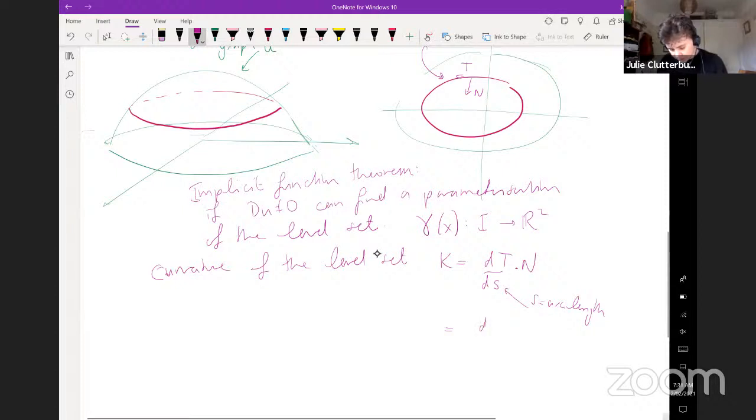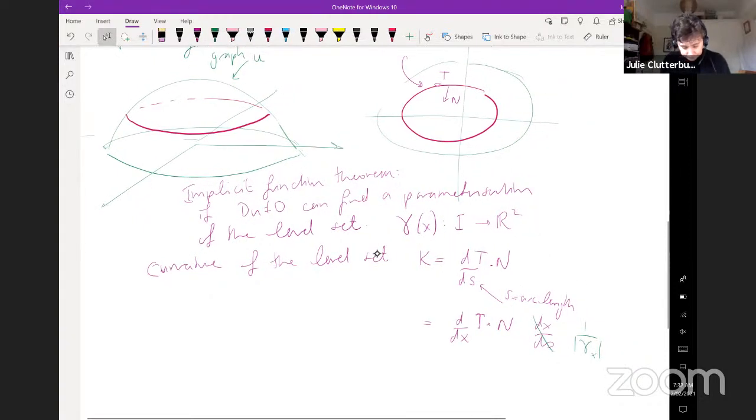And so this would be d/dx of T in the direction of the normal times dx/ds. And here dx/ds would turn out to be 1 over the absolute value of the derivative of our curve. So the reason I'm doing this is because I want to relate what's going on with u to the curvature.